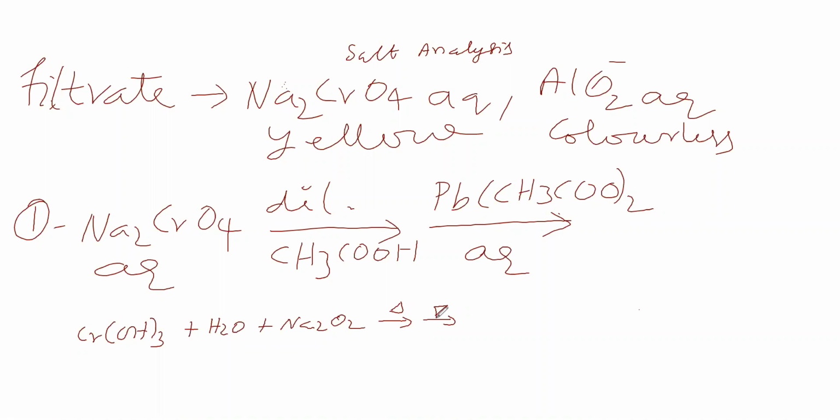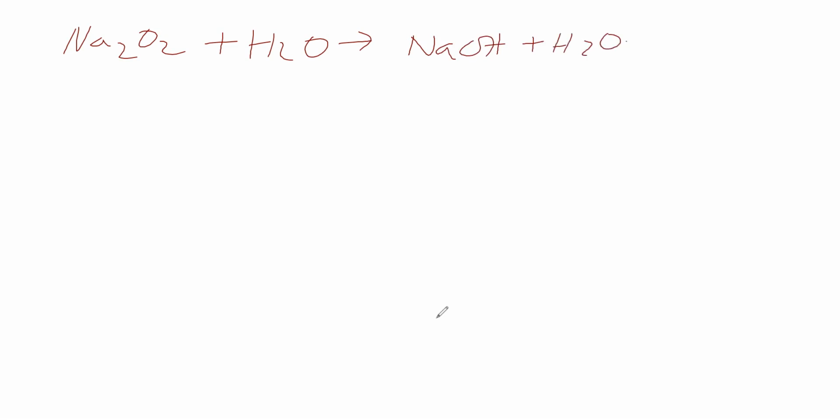Now we will write this equation like this: sodium peroxide with water gives sodium hydroxide and hydrogen peroxide.